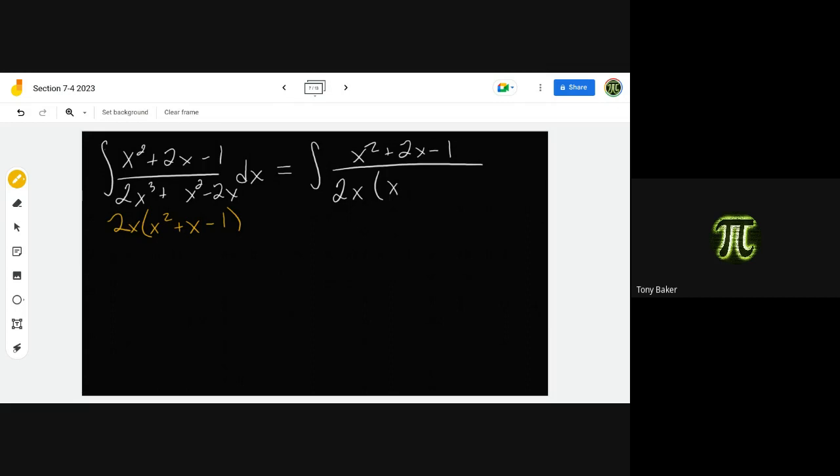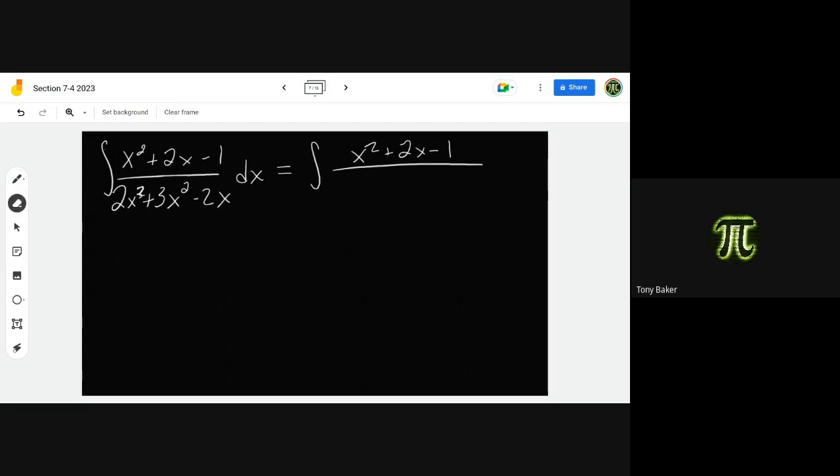Okay. And we need to get it down into linear terms, which means no squares. So 2x squared plus 3x. The problem is 2x to the third plus 3x squared minus 2x. Okay.